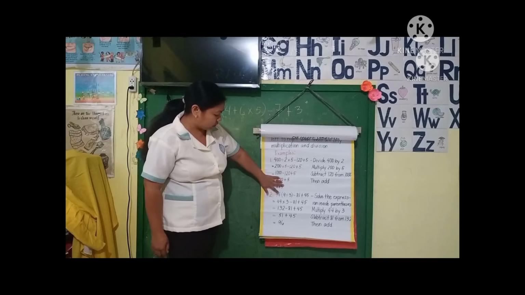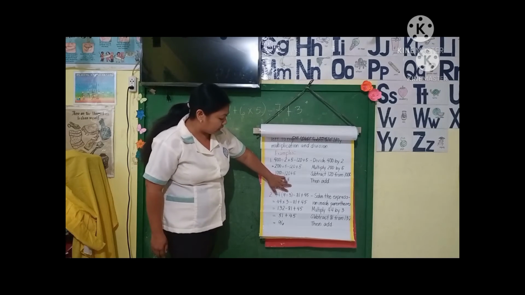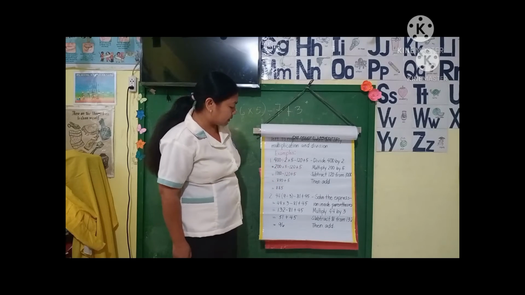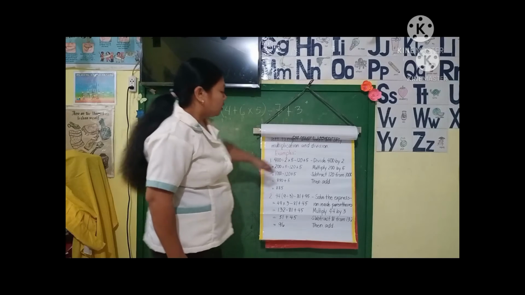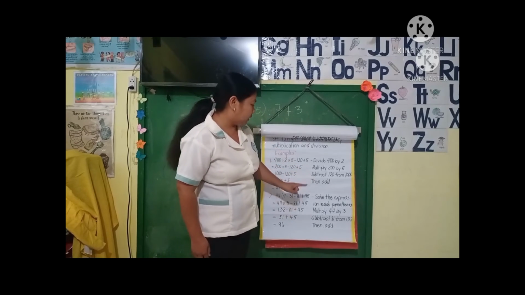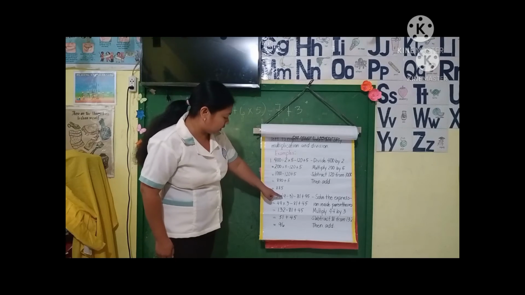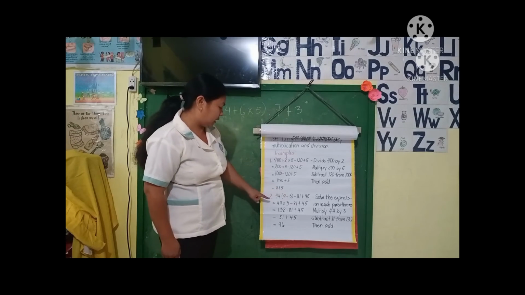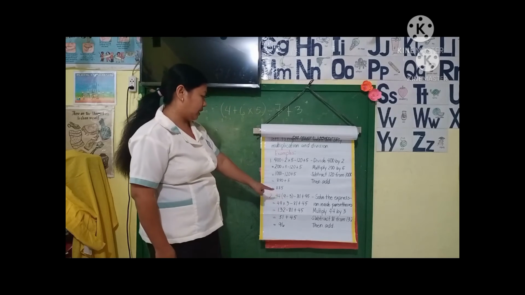So the next example is 44 times (9 divided by 3) minus 81 plus 45. How do we get this one? First, solve the expression inside the parentheses, which is 9 divided by 3. 9 divided by 3 is 3.